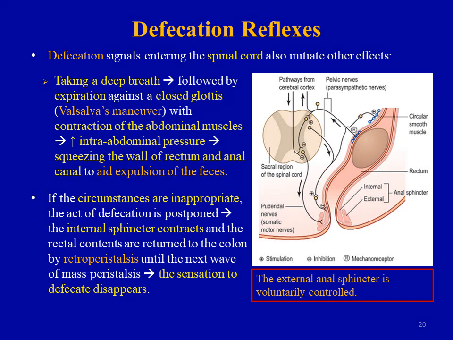The external anal sphincter is under voluntary control. That's why adults can control their defecation reflex, and if it is voluntarily contracted, the internal anal sphincter will also contract, and the fecal material will be returned to the sigmoid colon by retroperistalsis.